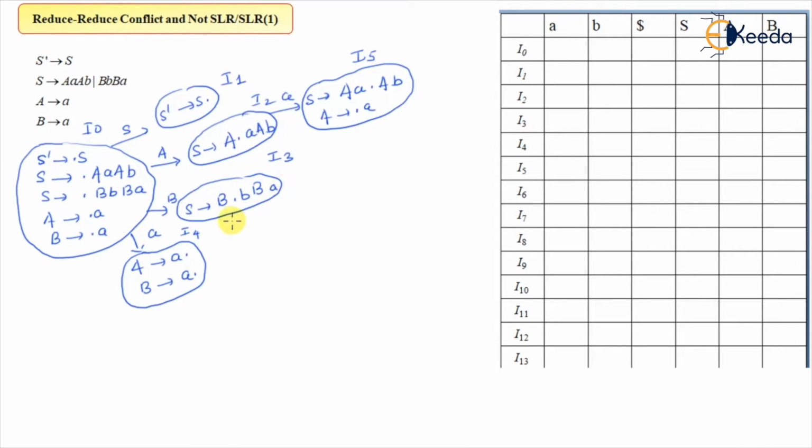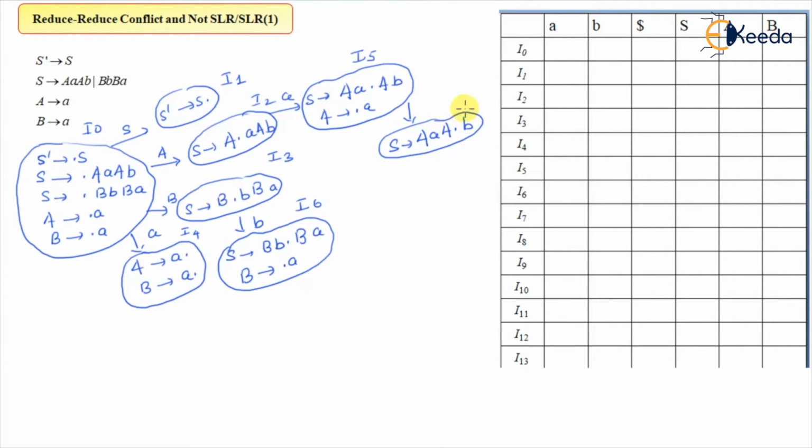This one is on input b: S derives b B dot a, and the dot is in front of B, so B derives dot a, and that is your I6 state. This will go to this state, S derives a dot b, and that is your I7 state.